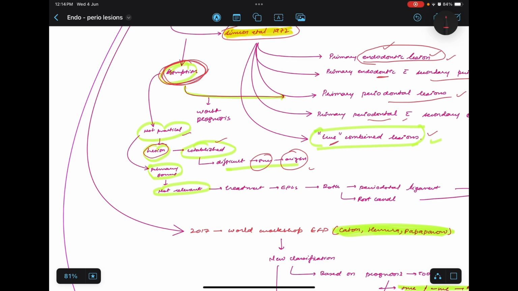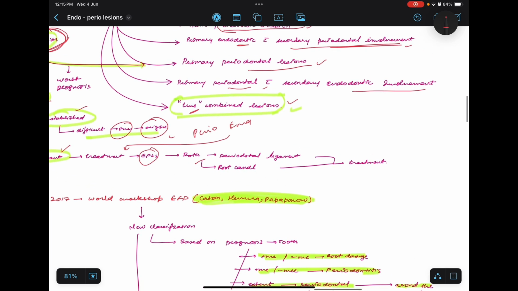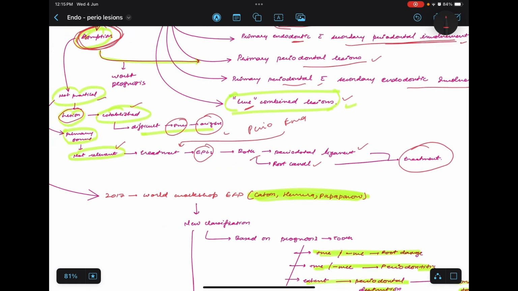Then, regardless of whether it was perio or endo, the treatment for EPS remains the same, right? It is not really relevant whether the primary source was endodontic or periodontic. Both your periodontal ligament and root canal will need treatment.